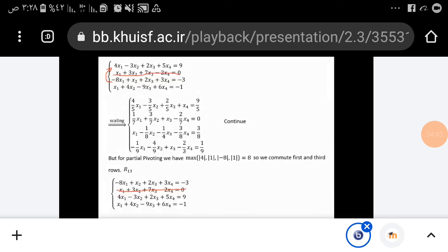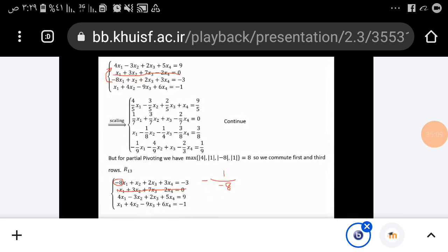So now if you use this entry to make 0, this one and this one, you have to multiply by minus 8 here, 1 here, and minus for all these.